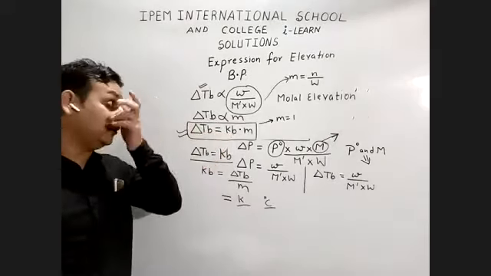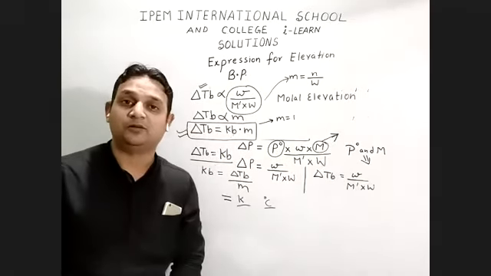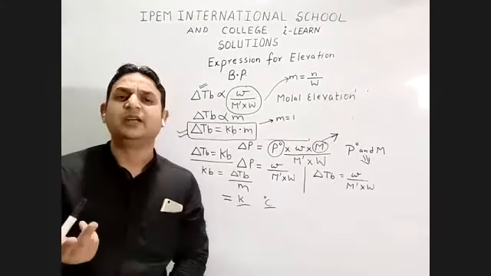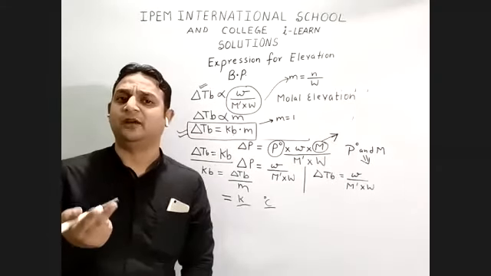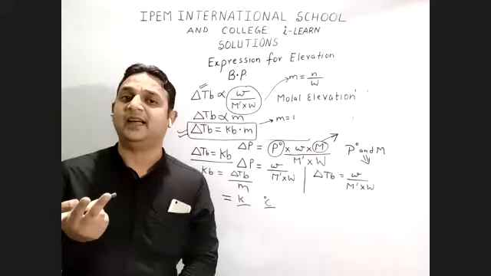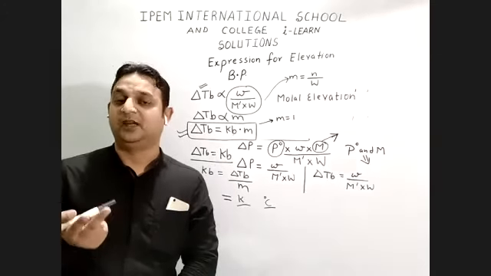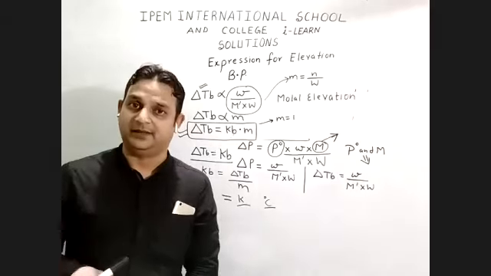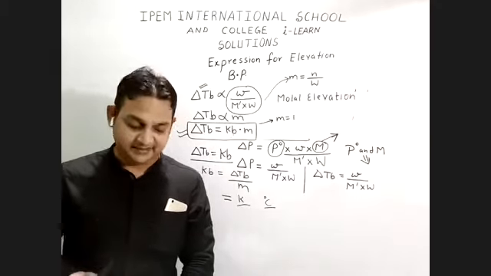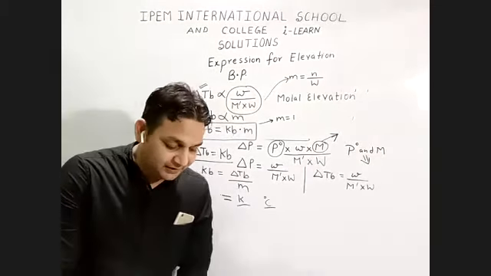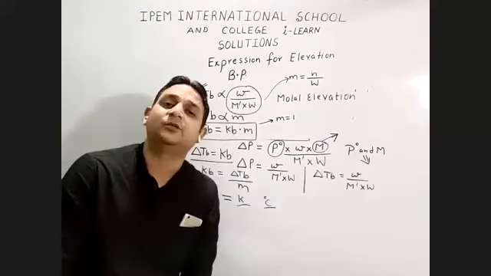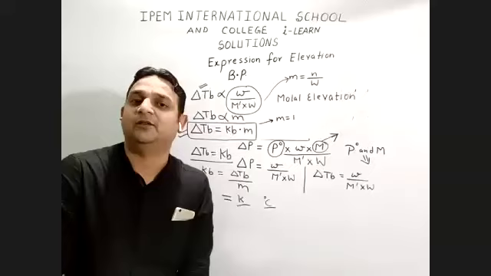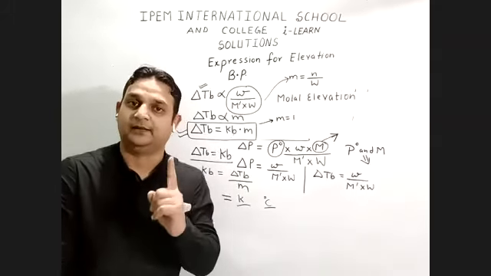What is Kb? Kb is the molar elevation or ebullioscopic constant, and how do you define it? They have given two definitions. The elevation of boiling point is equal to the molar elevation, that is the ebullioscopic constant, when the molality of the solution is unity. Either you can write that, or molar elevation constant is defined as the elevation of boiling point when the molality of the solution is unity, meaning 1.